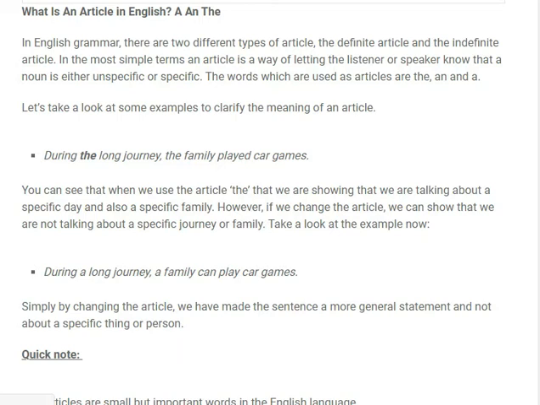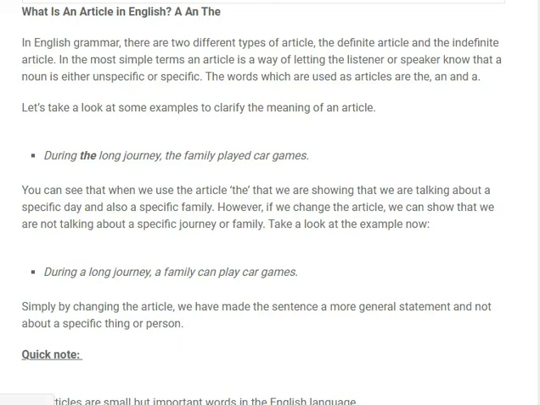During the long journey, the family played card games. So you can see that when we use the article the, we are showing that we are talking about a specific journey and also a specific family. However, if we change the article, we can show that we are not talking about a specific journey or family.